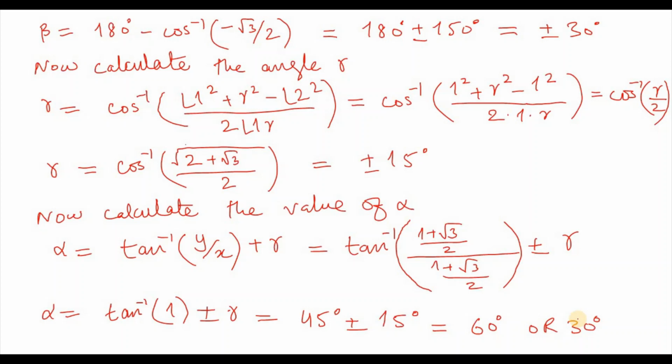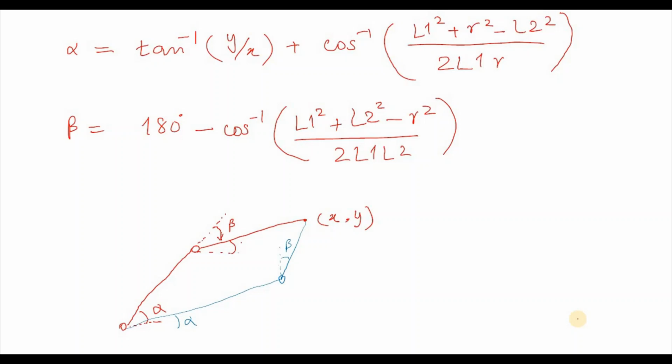So as you have seen that there are multiple solutions for every joint angle. For alpha we can have a value of 60 degree or 30 degree, and for beta we can have either a value of plus 30 degree or minus 30 degree. So that's what I was previously explaining, that we can have multiple configurations of the robot to reach the same position.